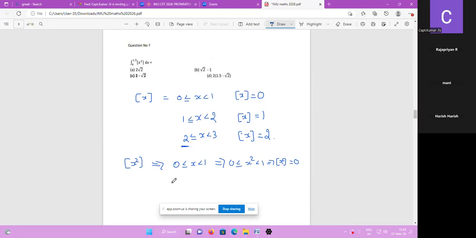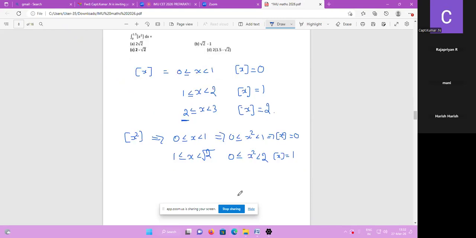Okay. So for 1 to root 2, your x square goes up to 2. Root 2 is 1.4 something. So here your function value will be 1.